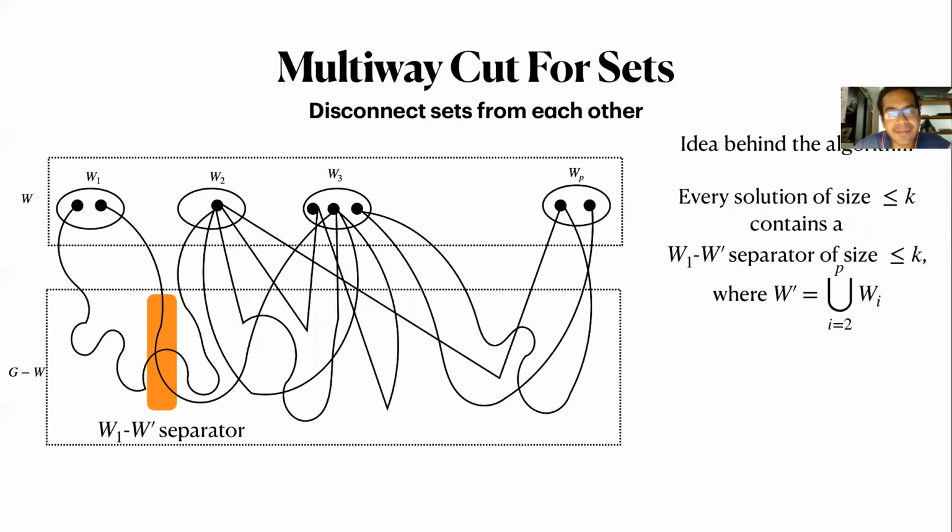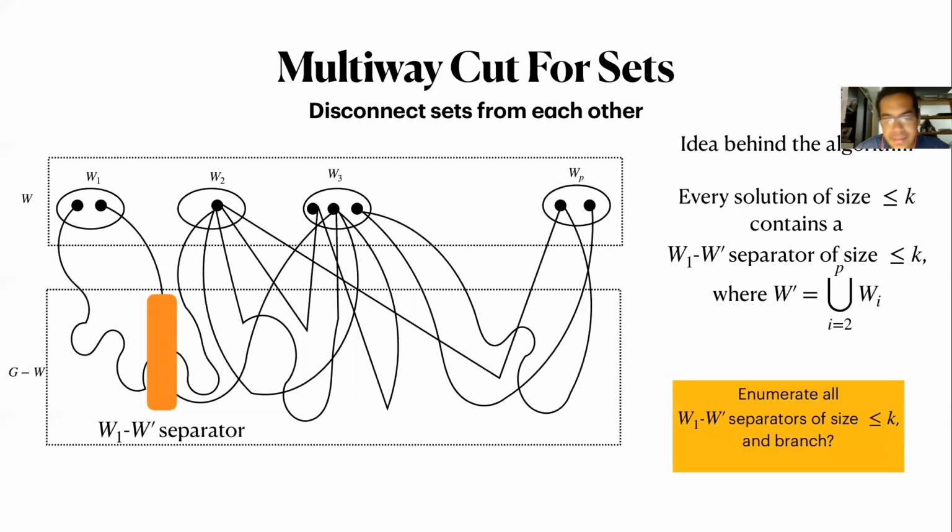So the idea behind important separators is that every solution of size at most K contains a W1-W' separator of size at most K, where W' is W2 to WP, which is the union of Wi for i equal to 2 to P. So what we could do is simply enumerate W1-W' separators of size at most K and then just branch.